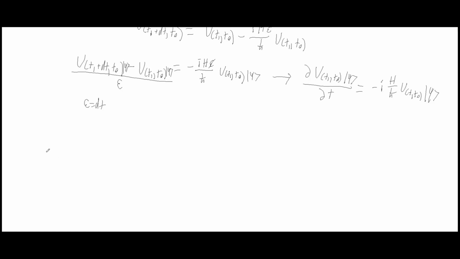So we end up with h bar over minus i multiplied by this delta u(t1, t naught), and our state here with respect to time, and then that is going to be equal to H acting on this unitary operator u(t1, t naught), and then psi, our state here.